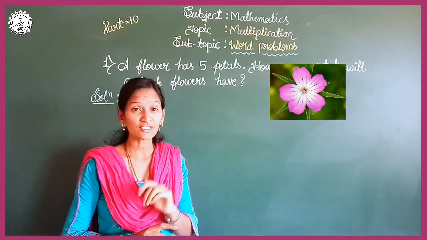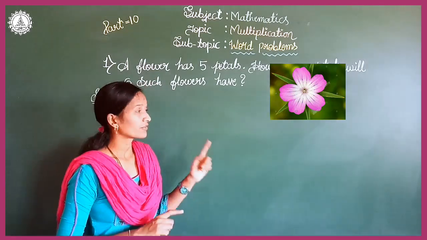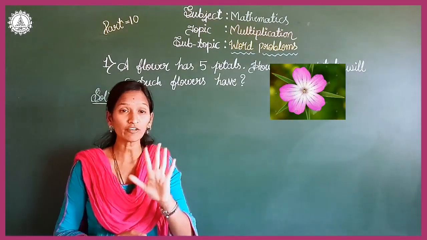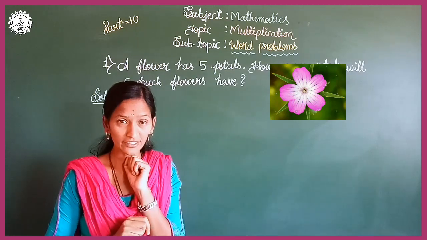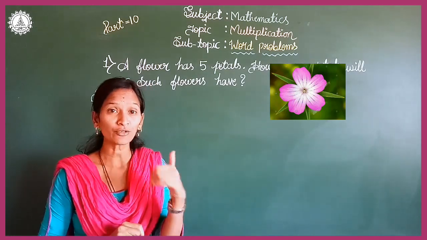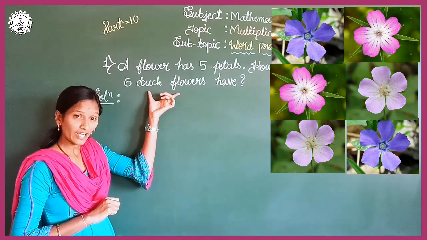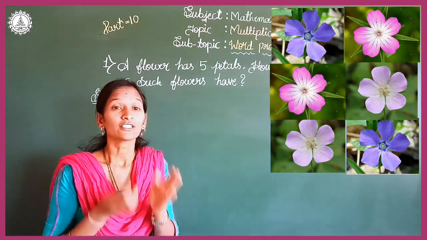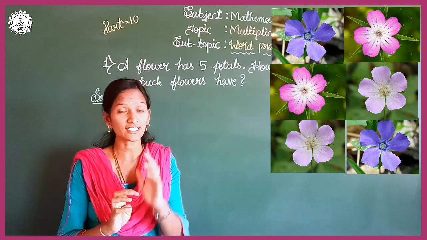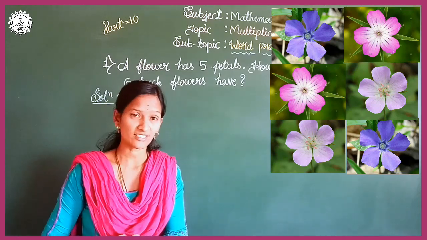So my dear students, look here. For only one flower, the number of petals is 5. So now you have to calculate for 6 such flowers. So you have to calculate the total number of petals in 6 flowers.